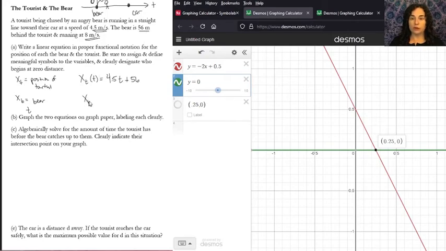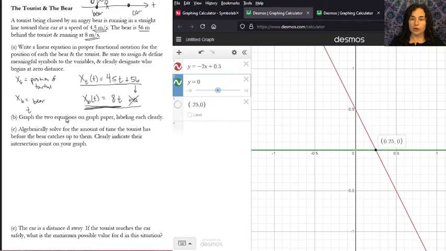As opposed to that, the bear starts at the origin, so it has no initial value, and it is moving at 8 meters per second. So that's the equation for the tourist, and that is the equation for the bear. You wouldn't necessarily need to include the plus 0 on the end, but I do, just to be explicit for you. On your homework or anything like that, this much of the equation would be fine.